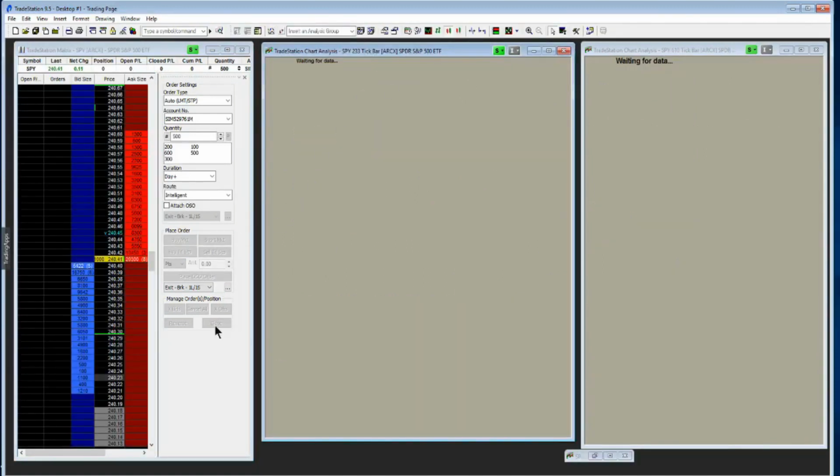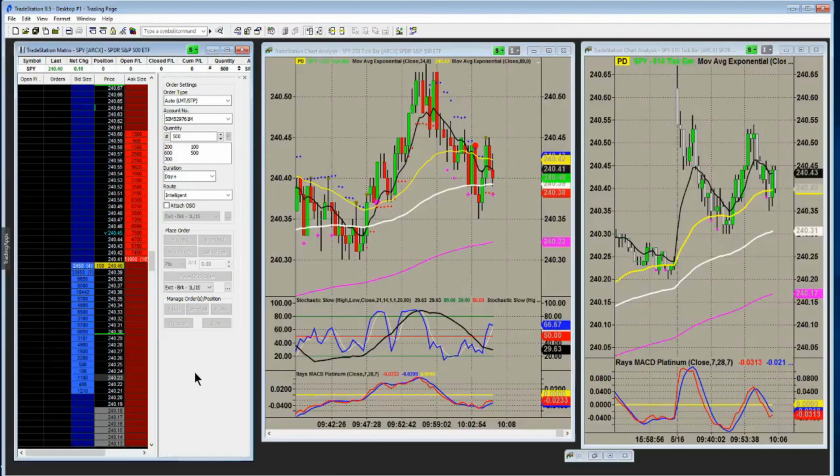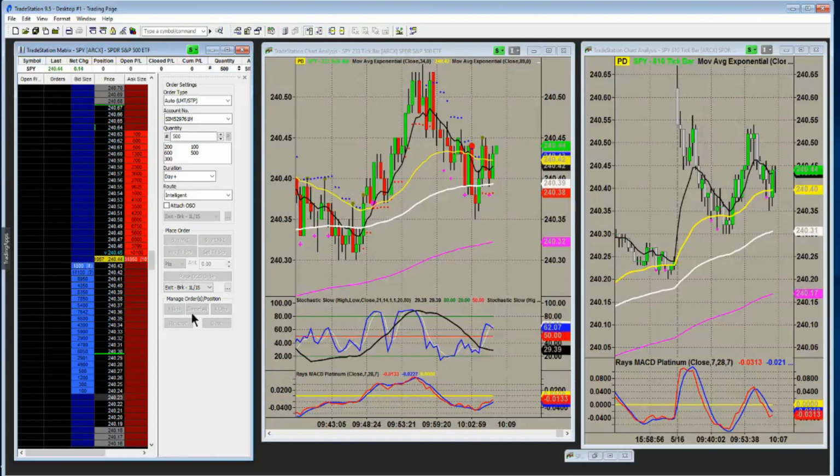Let me show you something that is a little different. This is the Spider, SPY. That's an ETF for the E-mini S&P. 20,000 shares. This is important, if you're becoming a specialist in the E-mini S&P, you need to have the ability to look at the Spider.